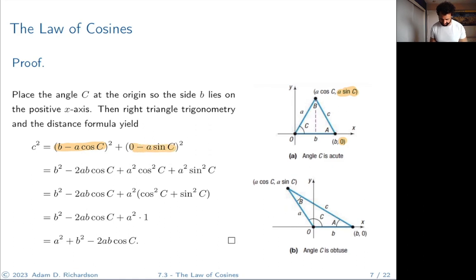So we get 0 minus a sine C right there. Another note I'll make, the reason that these x and y coordinates are a times cosine C and a times sine C, that comes from the right triangle trigonometry, right?